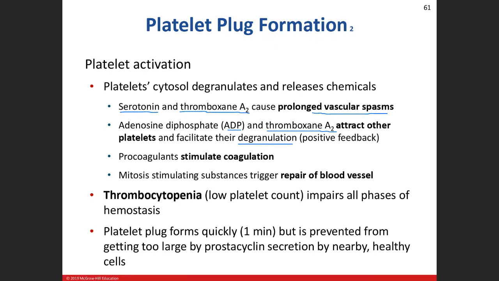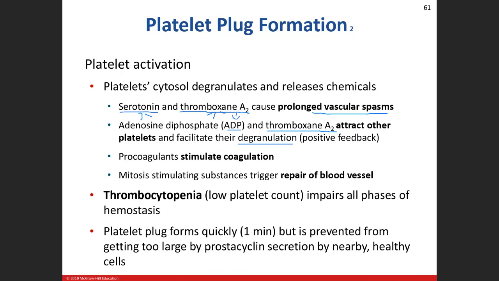So as these platelets gather there and we start to clog things up, then we're going to move to the next phase of tissue healing. We'll get into this in more detail, I'm trying to remember which chapter that's in, might be chapter 20. We'll get into it in much more detail. I just want you for right now to know these three players: serotonin, thromboxane A2, and then ADP.